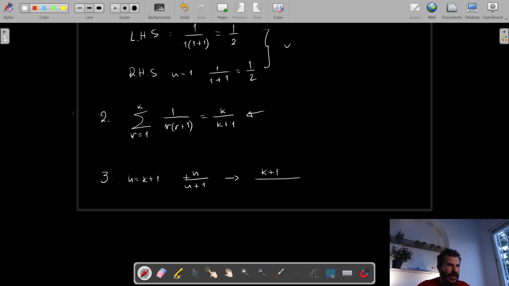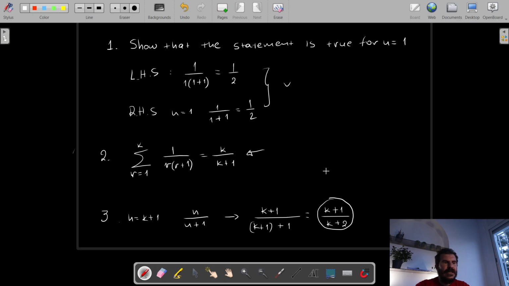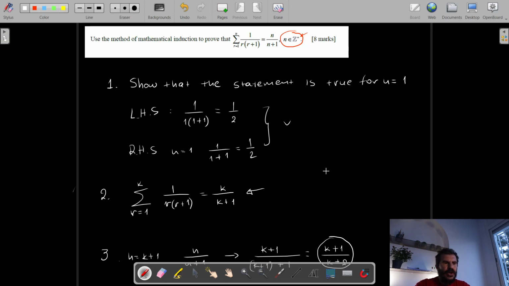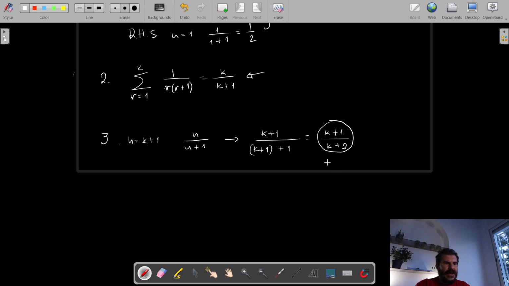So it's going to be k plus 1 over k plus 1 plus 1, so k plus 1 over k plus 2. This is where I have to end with my proof. So here I have to see how I will manipulate my proof while I'm proving it to end up at this.